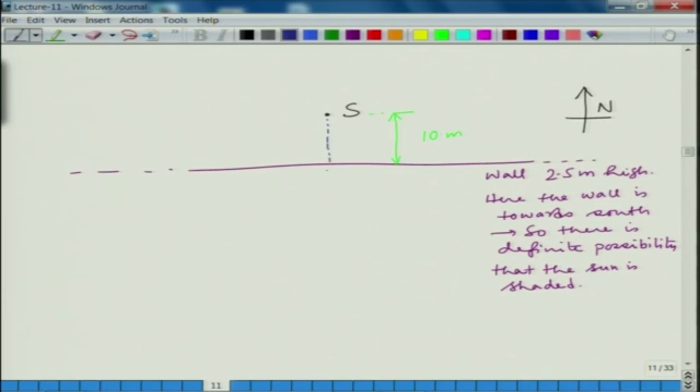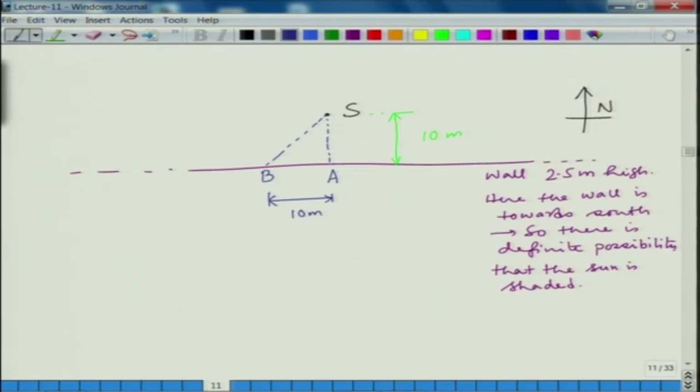The obvious choice is just directly the closest point from the wall, and let us take another point here, which is point B, which is again this distance is 10 meter.